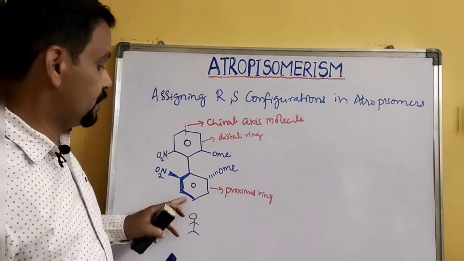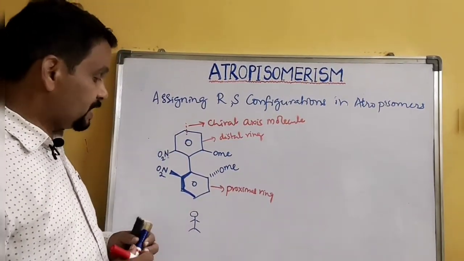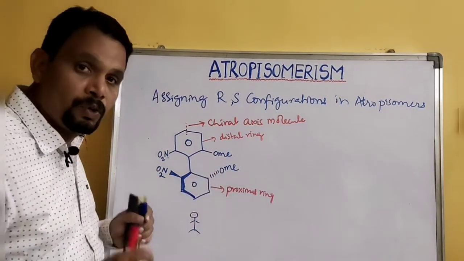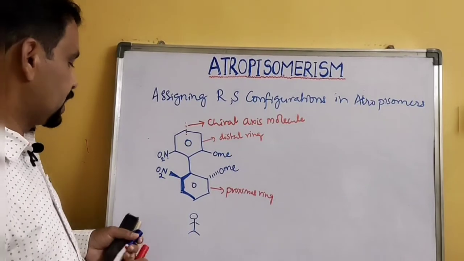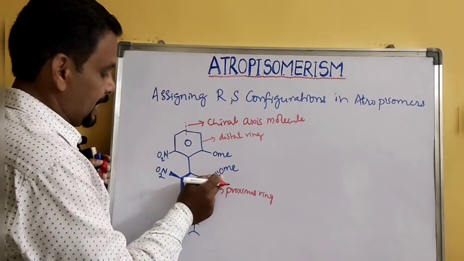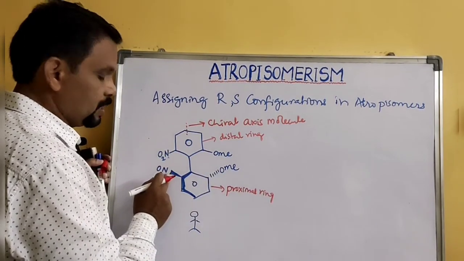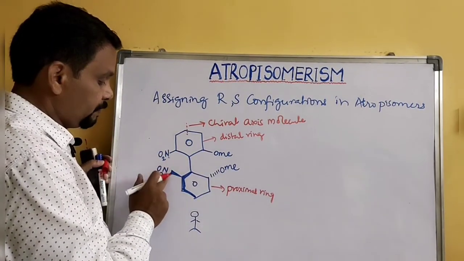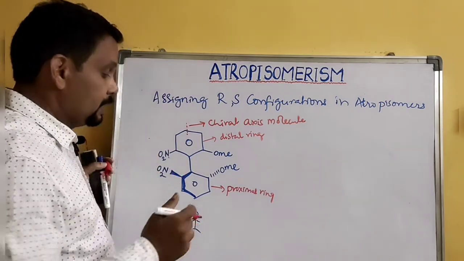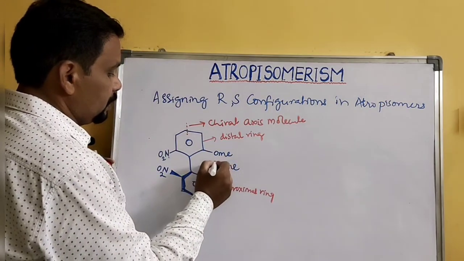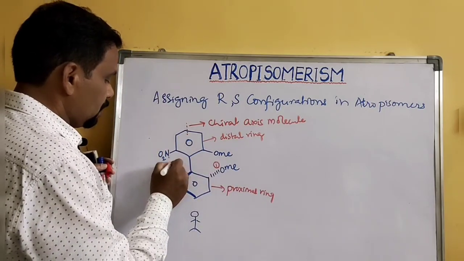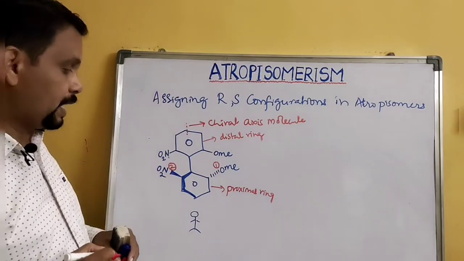In this case, this is the proximal ring, so first and second priority go to its ortho substituted groups. In this group oxygen is the directly attached atom, here nitrogen is directly attached. Oxygen has a higher atomic number than nitrogen, therefore this gets first priority and this is labeled second priority.